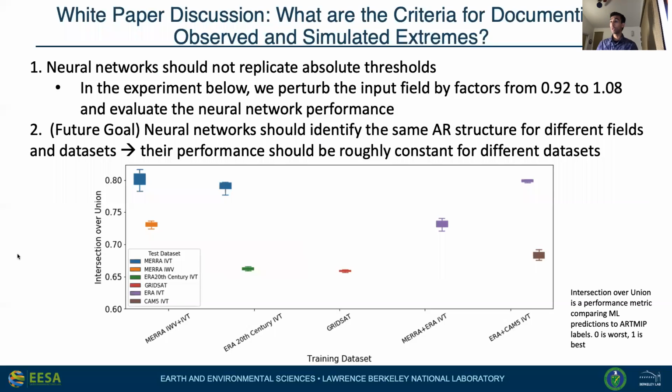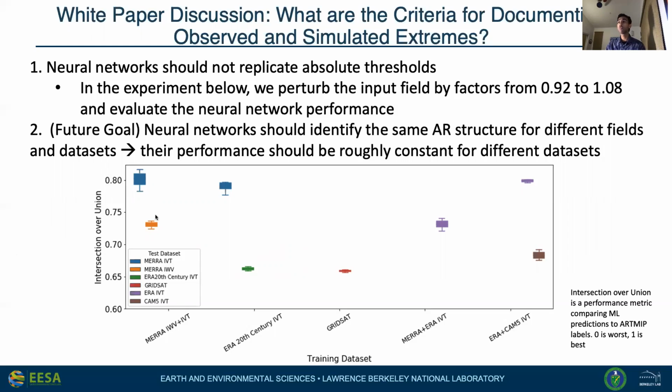In each of these box and whisker plots, we show that the neural network performance remains roughly constant, changing only by around 3 to 10% based off the data set, meaning that the network isn't just running an underlying threshold under the hood.